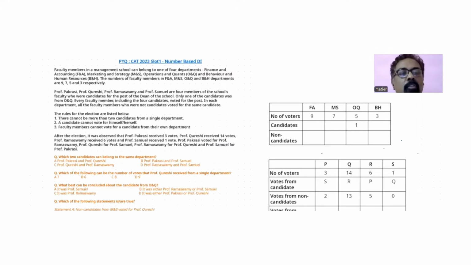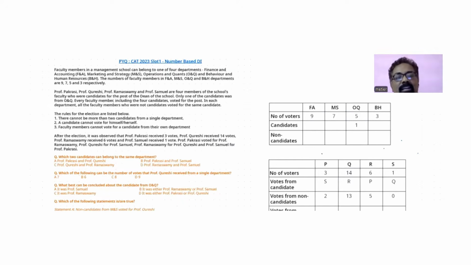Next, the rules are: there cannot be more than 2 candidates from a single department. Means the number of candidates in each department will be either 0, 1, or 2 maximum. A candidate cannot vote for himself or herself. Means Professor P, Q, R, S cannot vote for themselves.